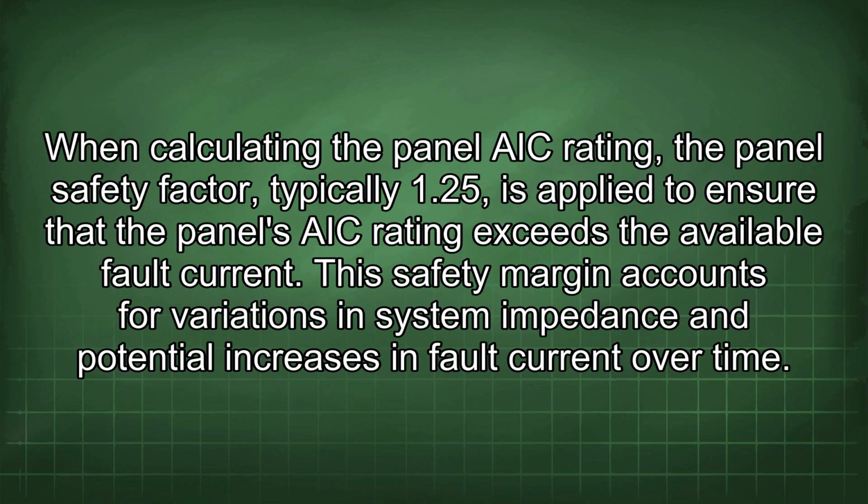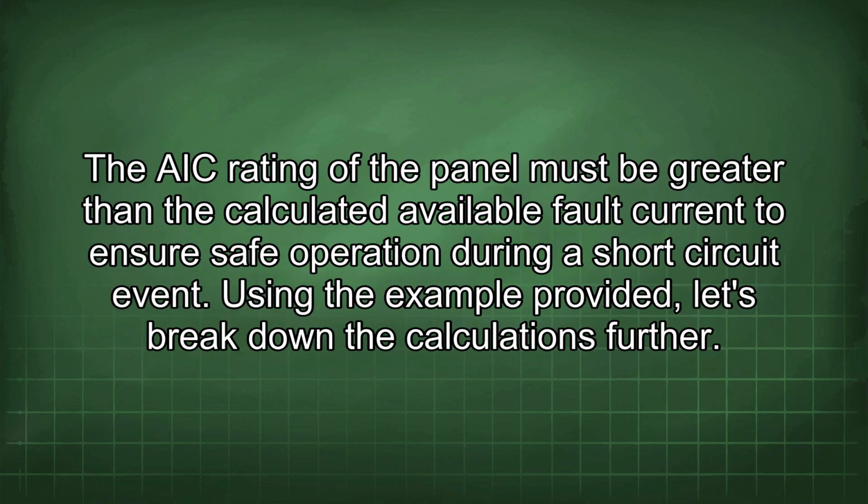When calculating the panel AIC rating, the panel safety factor, typically 1.25, is applied to ensure that the panel's AIC rating exceeds the available fault current. This safety margin accounts for variations in system impedance and potential increases in fault current over time. The AIC rating of the panel must be greater than the calculated available fault current to ensure safe operation during a short circuit event.